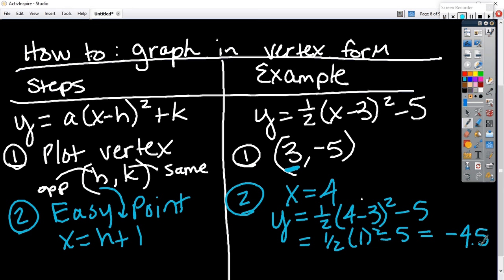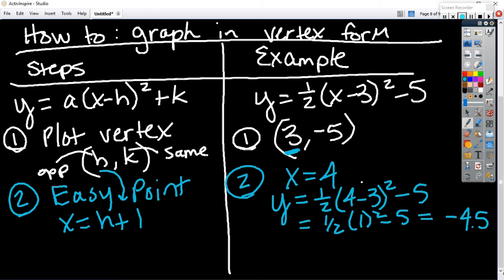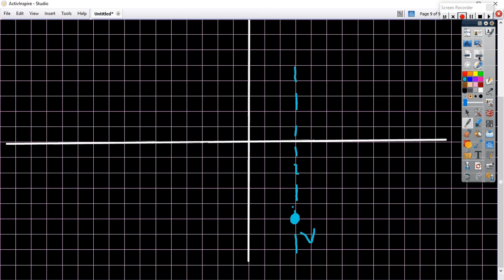All right, so I'm going to plot 4, negative 4.5. 1, 2, 3, 4.5. There's my easy point.